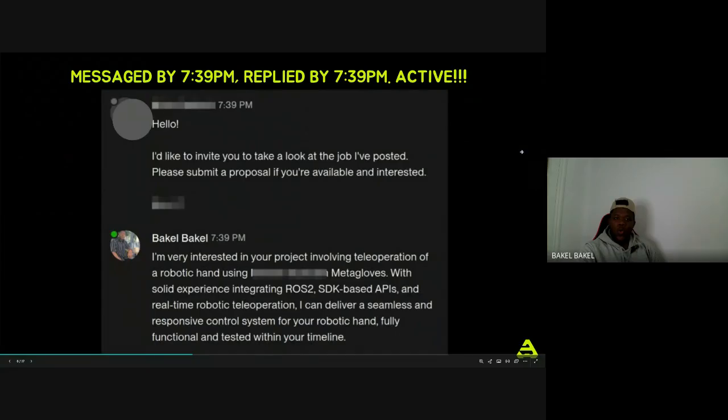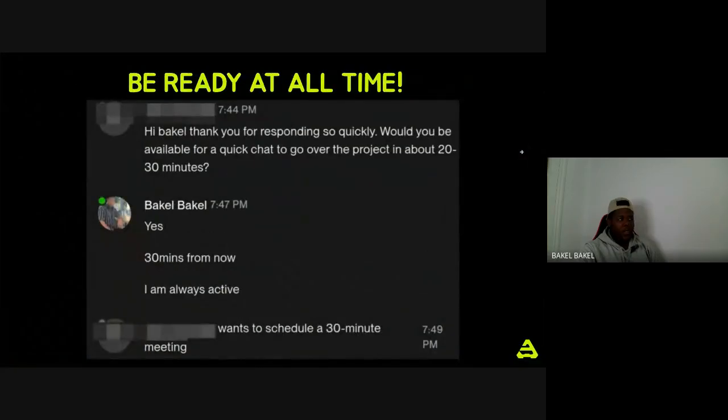So something about Upwork, and this is something you need to learn if you ever want to venture on Upwork: there are a lot of people. Like, there are a lot of people on Upwork. So most recruiters or most employers, if they message you and you don't reply instantly, before you come back and reply, another guy must have replied.